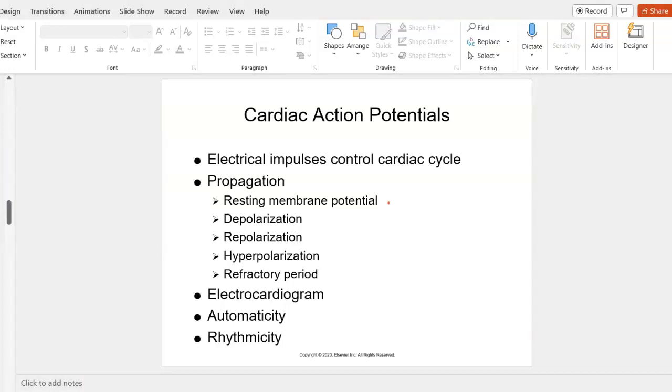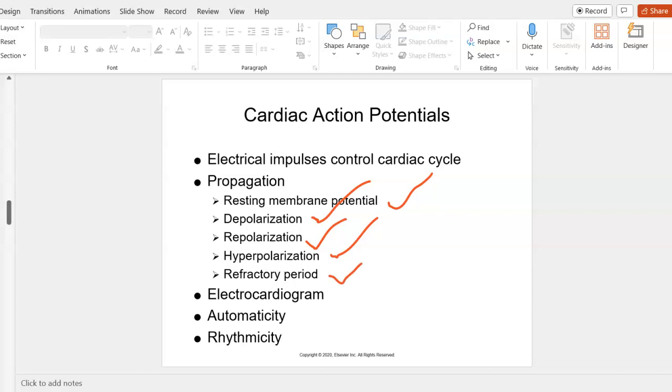So there's a part, we're just going to think of the heart muscle as resting. There is a part of this action potential series of events, which is called depolarization, which means contracting. This means resetting, repolarization. Hyperpolarization, we're not going to talk a whole bunch about. And then refractory period is once again going to be a resting period. Okay.